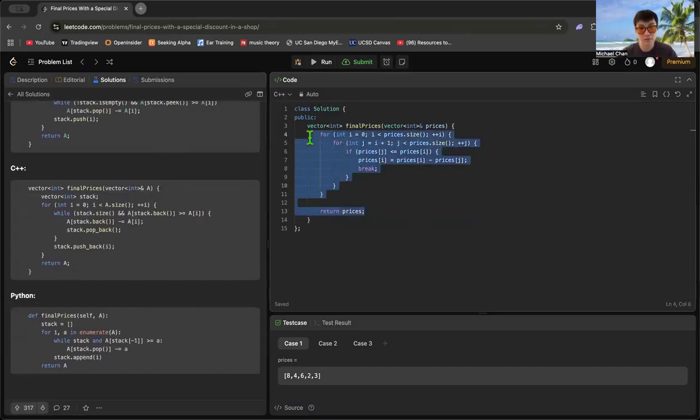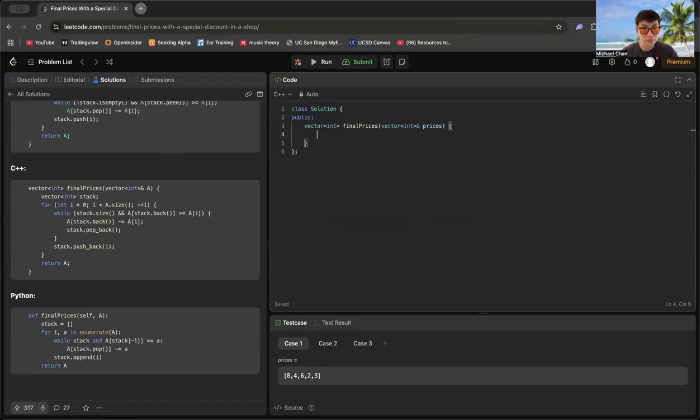Okay, let's look at this. While stack is not empty and the back of the stack is bigger than prices i.